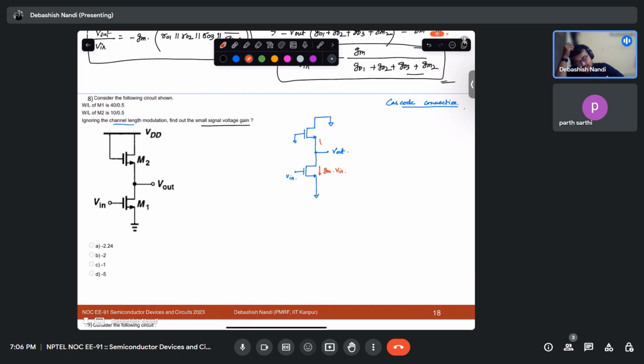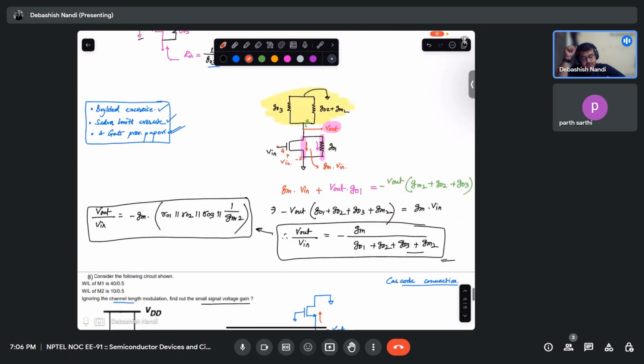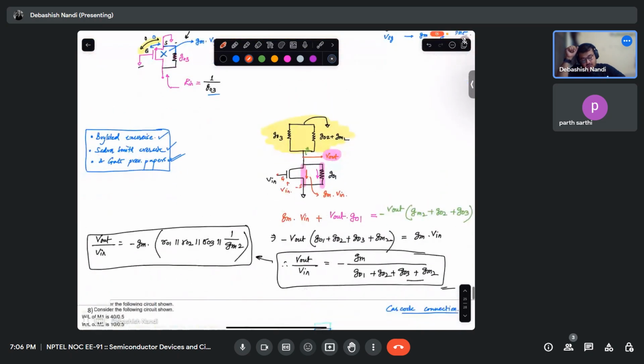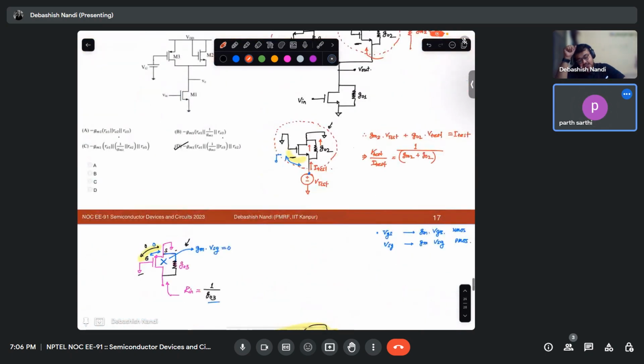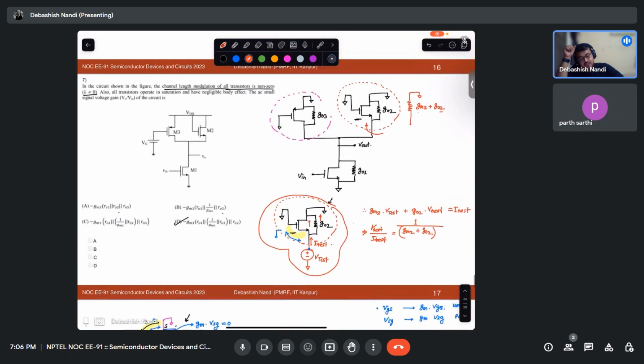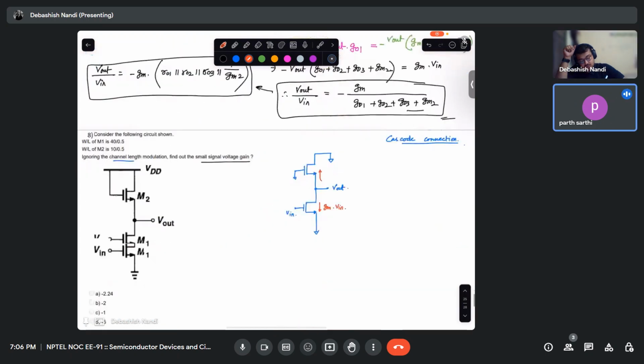And what is the impedance looking upward? Have we seen this kind of phenomena? Yes, sir. So what was the impedance looking up? It was GM2 plus GO2.